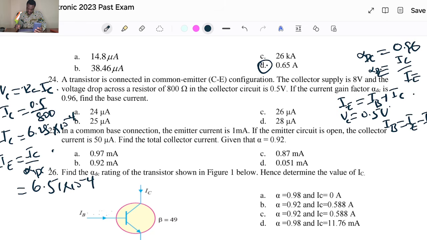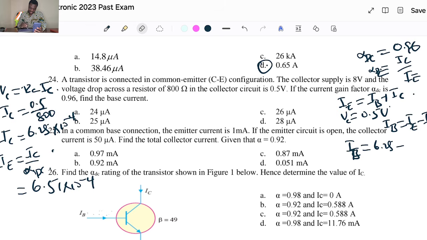Now we can get our base current to be equal to the emitter current minus the collector current, the other way around.